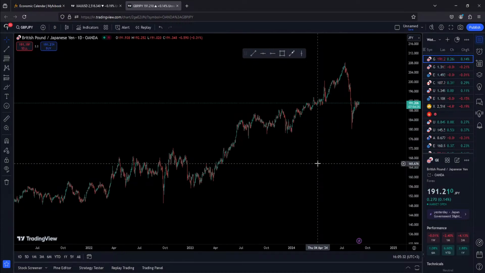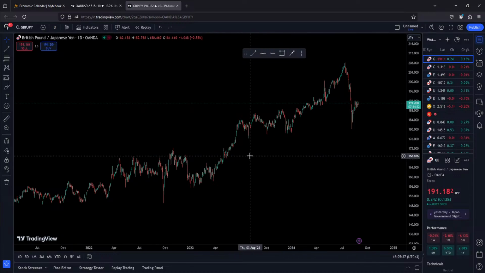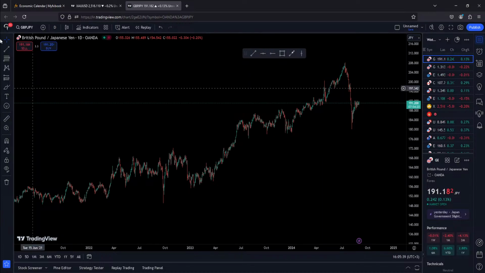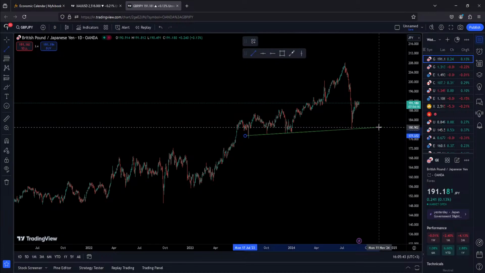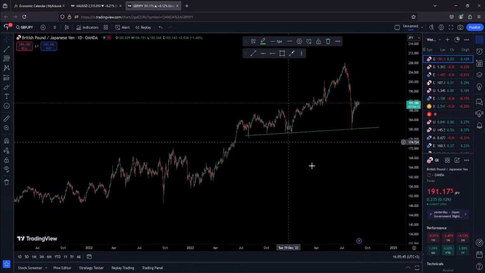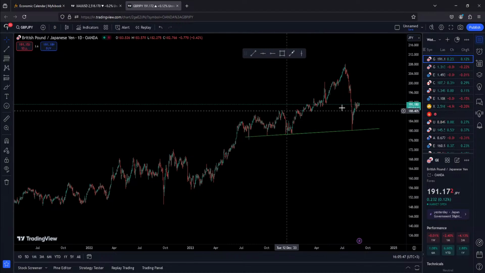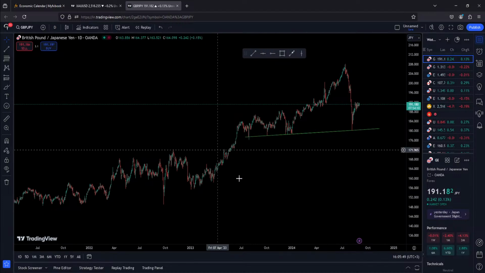So by looking at the current market scenario, let's see where we can actually draw a trend line. One point I can say is a point from where the market is bouncing back again and again, okay?